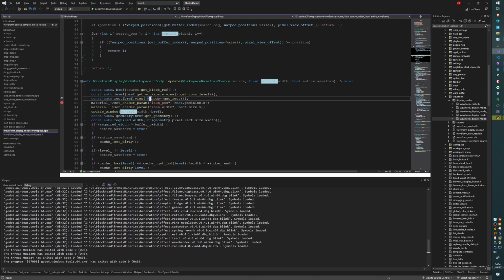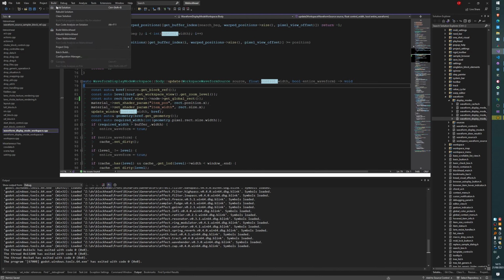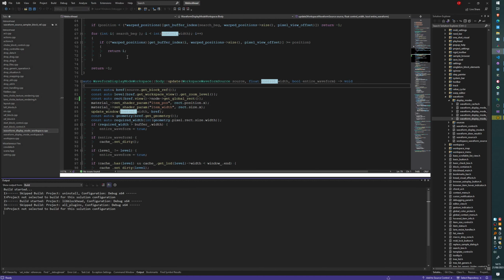So, what I could do to fix this is to just use get global rect here instead. Is that fine? Let me think about if that's fine. I see no reason why it wouldn't be. I'm just going to continue talking even though my voice seems to be dying. What is happening? I'm just going to ignore it.